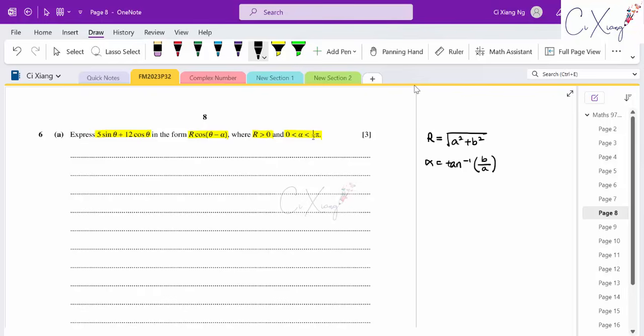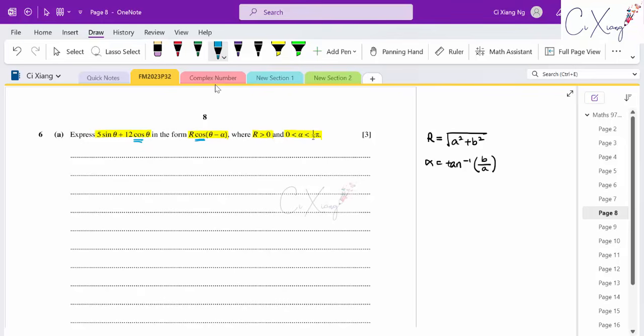But please note that when you want to apply these two formulas straight away, you have to know what kind of expression we are going to change. For this question, they want us to change it to r cos theta, and therefore in our original expression we have to ensure that the cos theta term is in front.